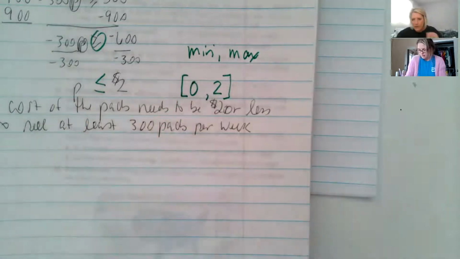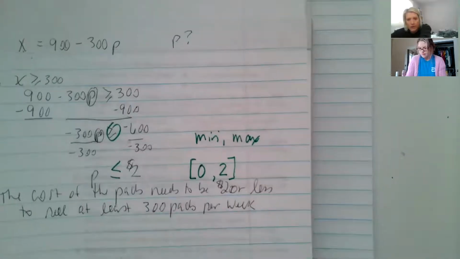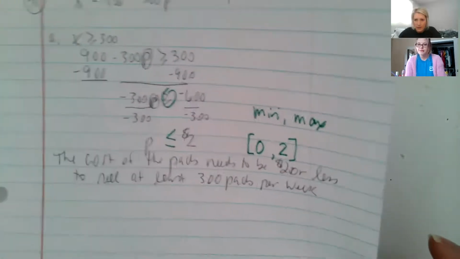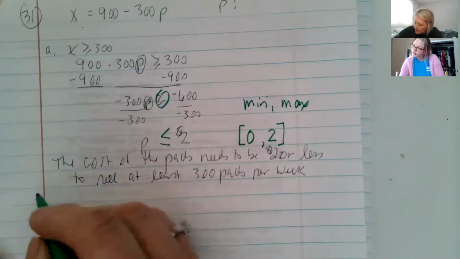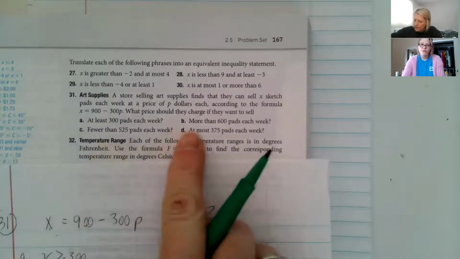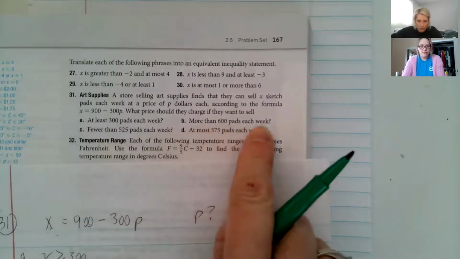So hopefully this is giving you all some practice with solving equations, but also the inequalities and setting them up. So let's try, somebody up for setting up B, C, and D? Make sure we get them set up correct. B says more than 600 pads each week.